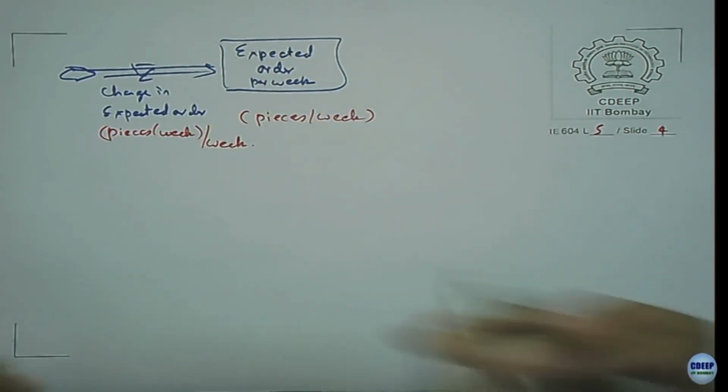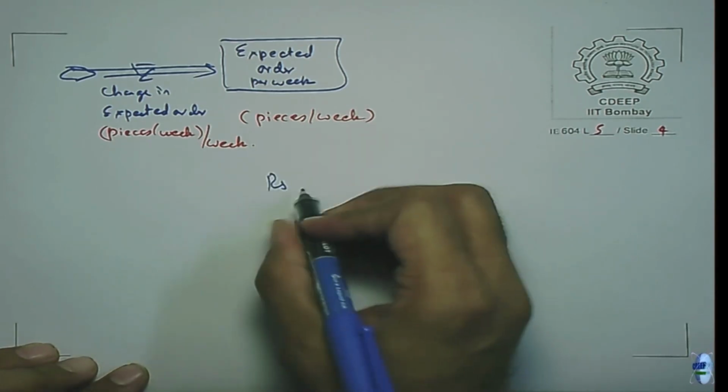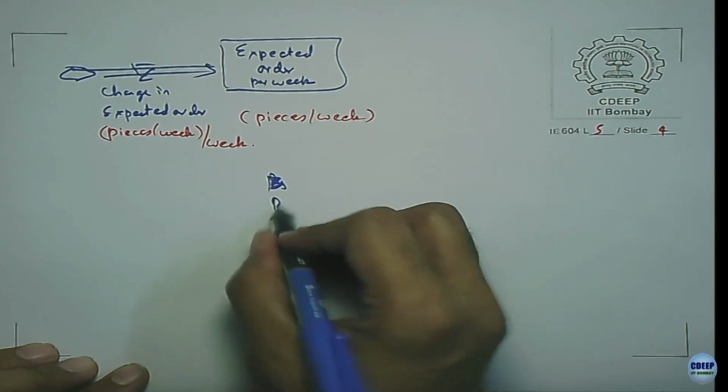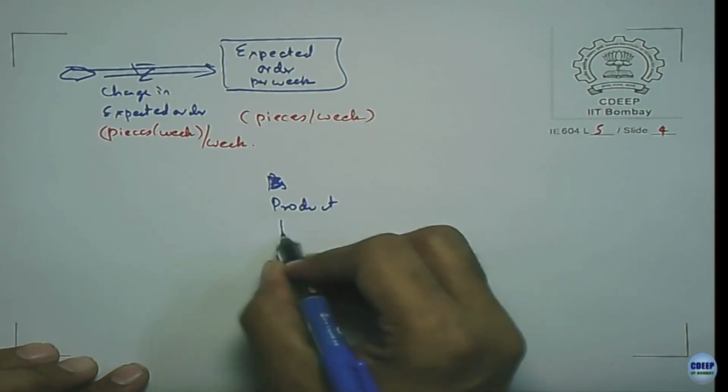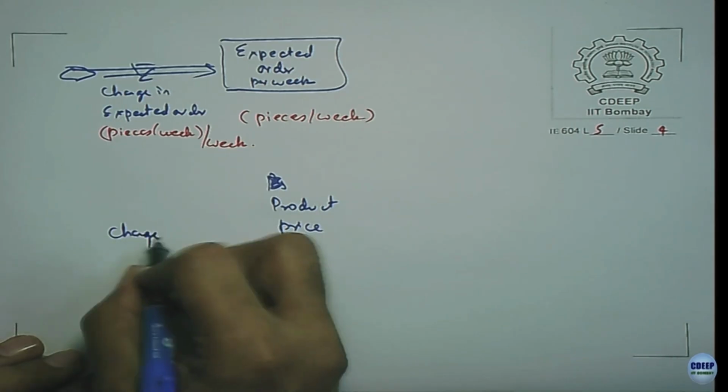And having done that, maybe I can give some more examples with units. For example, let's take product price and change in product price.